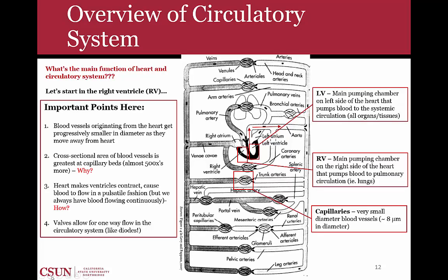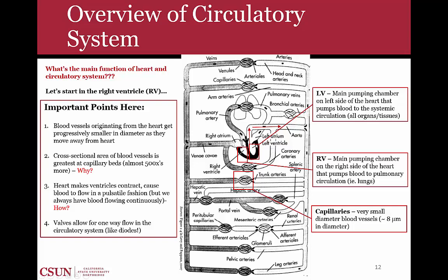Okay, so an overview of the circulatory system. We already saw this slide here in class, but I just wanted to go over it once more. Let's start at the left ventricle. This is the workhorse of the heart.